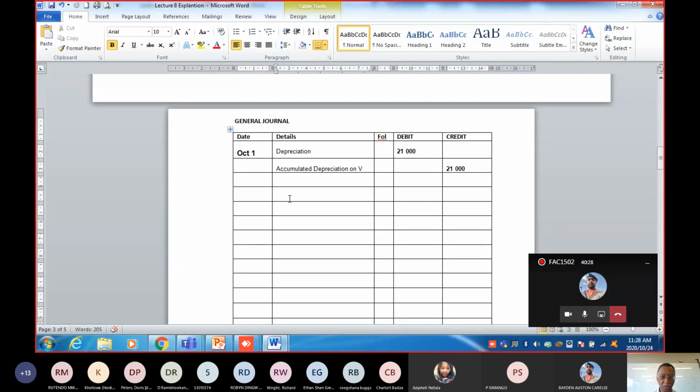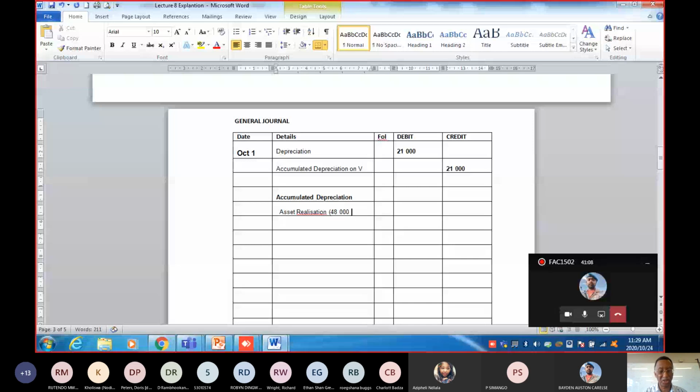In step number 2, I transfer the total accumulated depreciation on the asset to the asset realization account. Accumulated depreciation must decrease. I debit my account, accumulated depreciation, and I credit my account, asset realization, with the total depreciation. Remember, as in the previous question, we started off with 48,000.